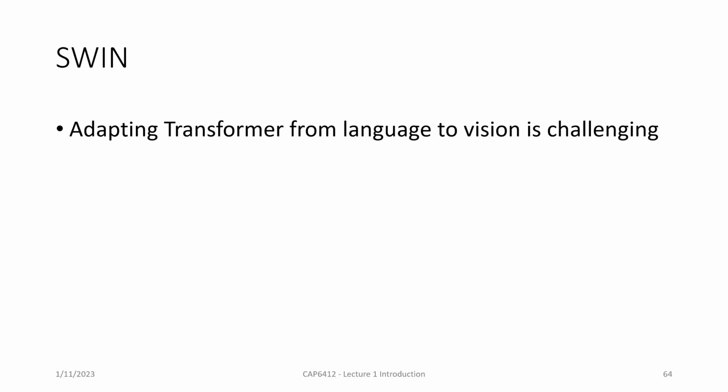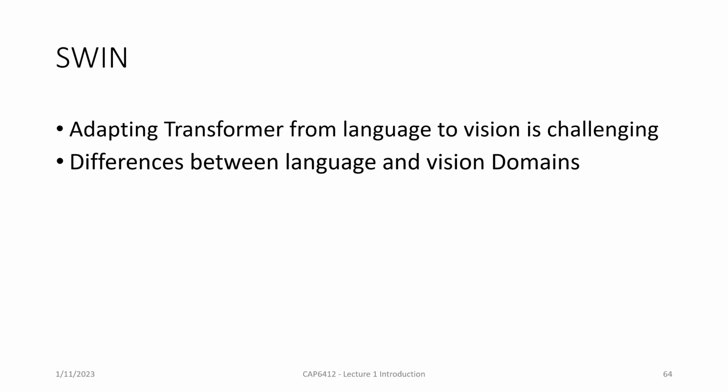As you by now realize, adapting the transformer from language to vision is challenging. The difference between the language and vision domains is, first, there is a large variation of scale in visual entities. You can have a dog at different scales, different distances, but it still is a dog.